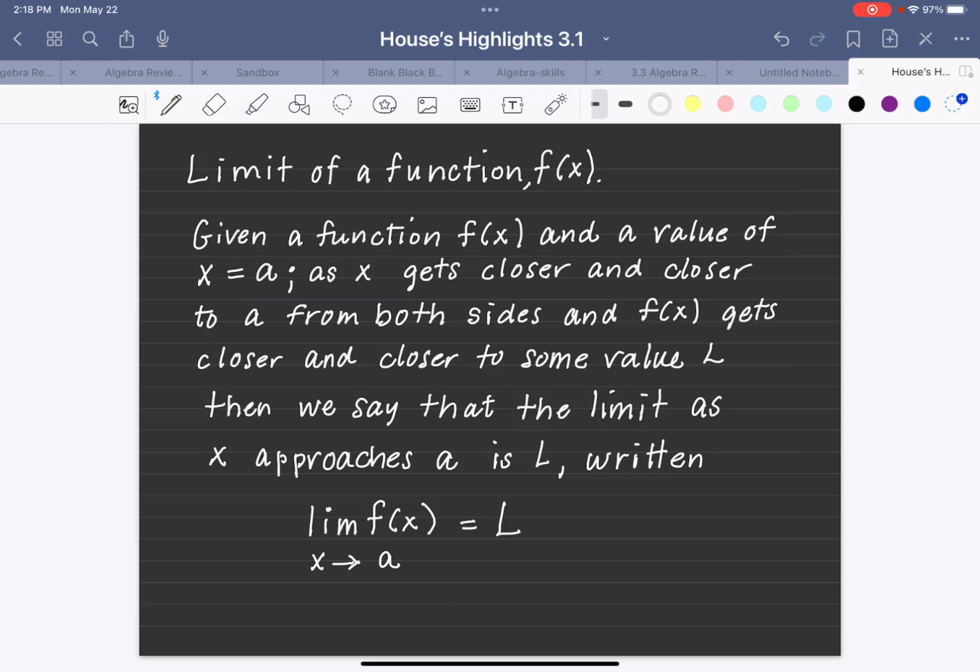So the first thing I want to talk about is what a limit actually is. So this is the limit of a function f of x.